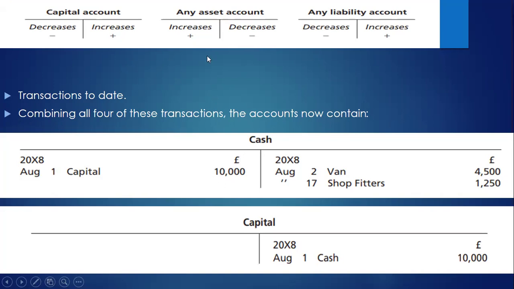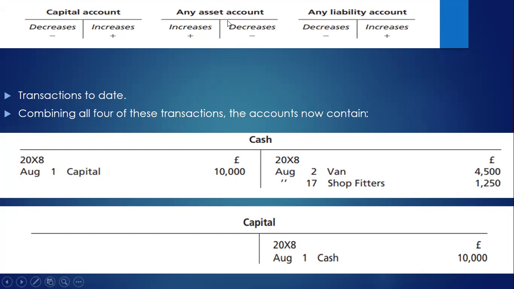Cash is an asset. Cash increased by $10,000, so that's money in. How about these? Decreases on the right side. Those are payments, cash out: $4,500 and $1,250. Those are money out.